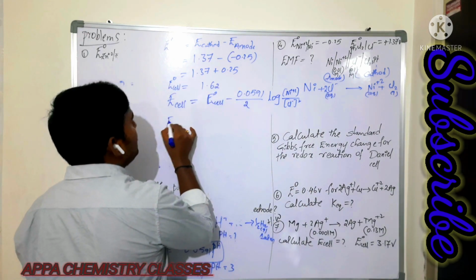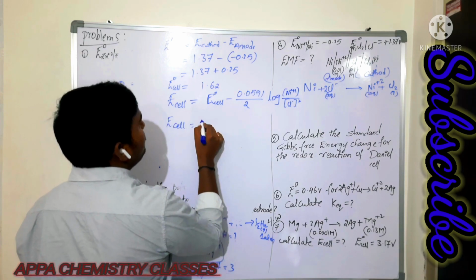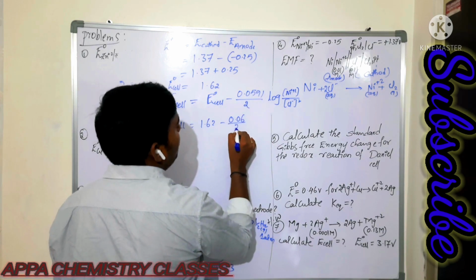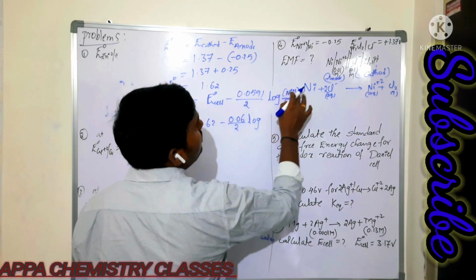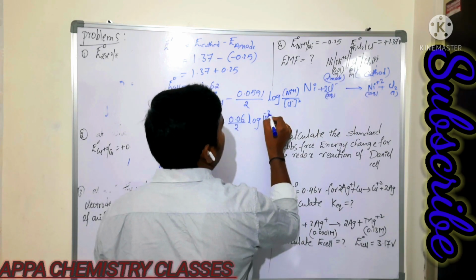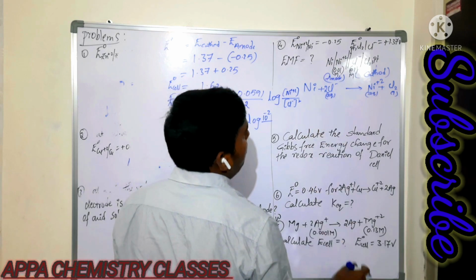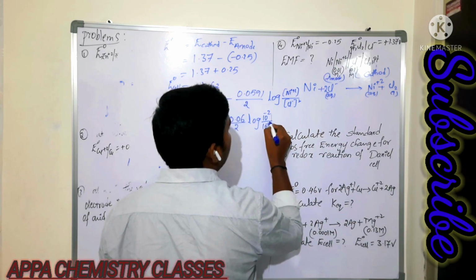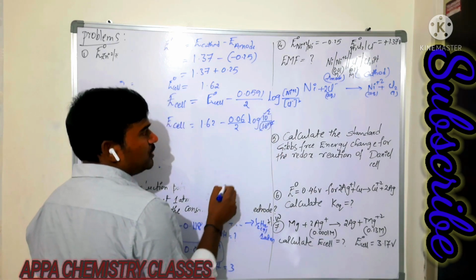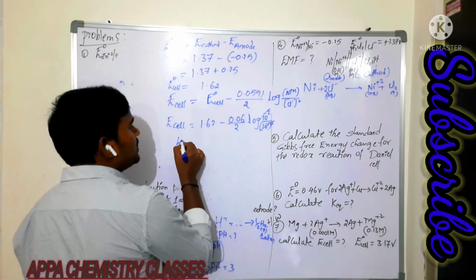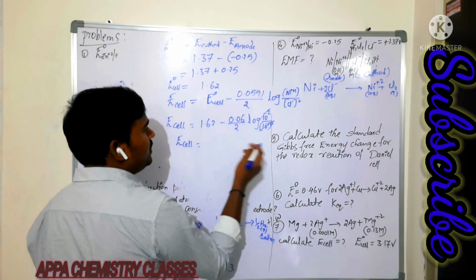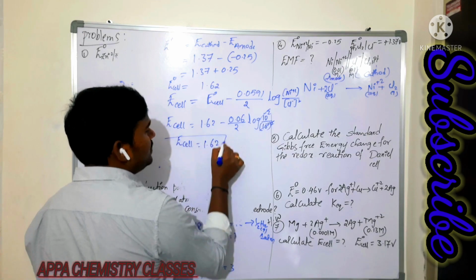Now E cell is equal to E naught cell, 1.62, minus 0.06, I am taking for simple calculation, log of concentration of nickel plus 2, 0.01, that I am writing as 10 power minus 2. Chloride ion concentration is 0.1, that is 10 power minus 1 whole power 2. Both will be cancelled. So log 1 is 0, that is 0 into this something means 0, it becomes 1.62. Is that clear?